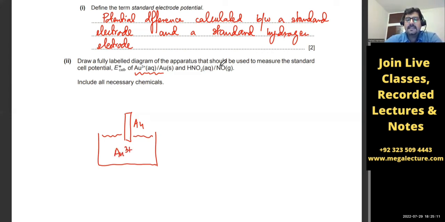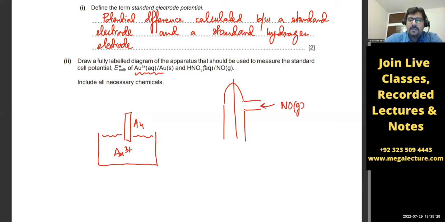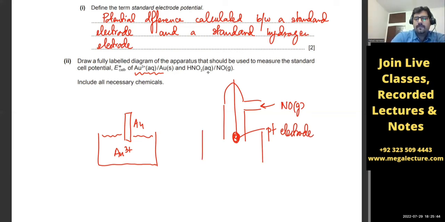The other one has a gas in it, NO and HNO3. For a gas, you would need a gas jar, and the NO gas will be pumped into this gas jar, and in that gas jar there's going to be a platinum electrode. And nitric acid is aqueous, so nitric acid will be part of the solution.